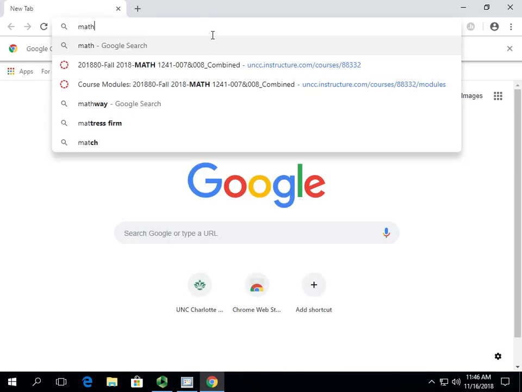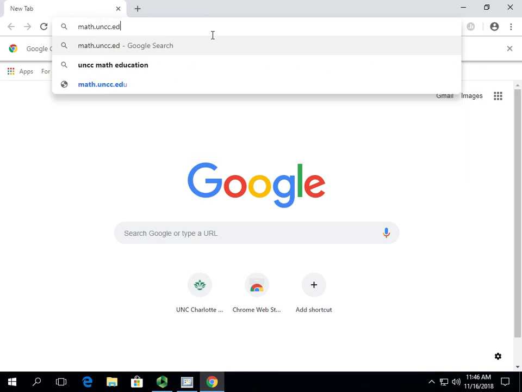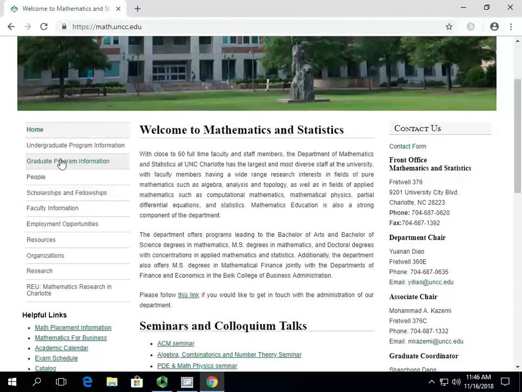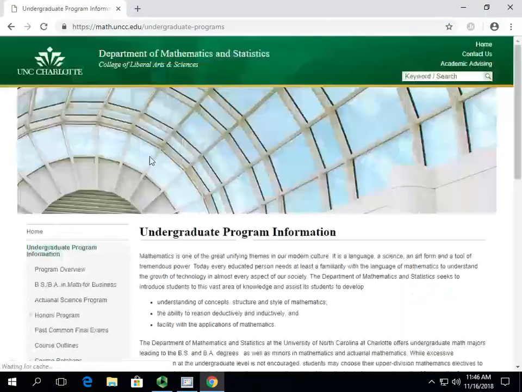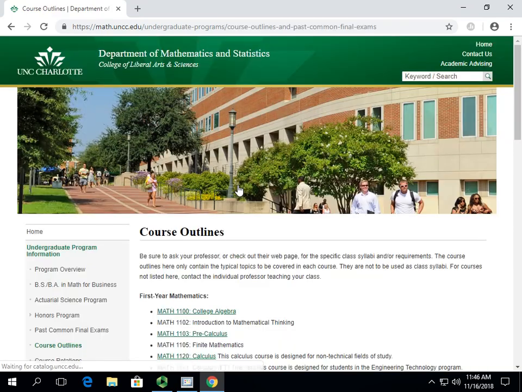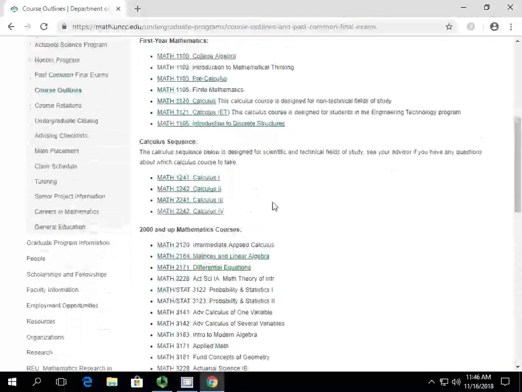If you go to math.uncc.edu, and go over here to undergraduate program information, just go to the bottom, and you're going to see additional resources for students: undergraduate admission, course outlines and past common exams. That's what you want, the past common exams.